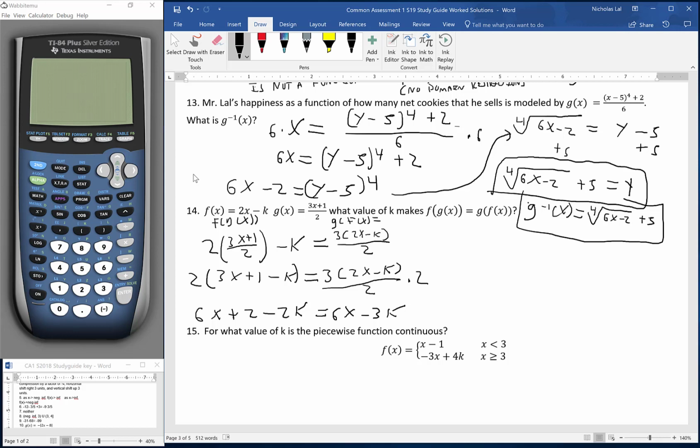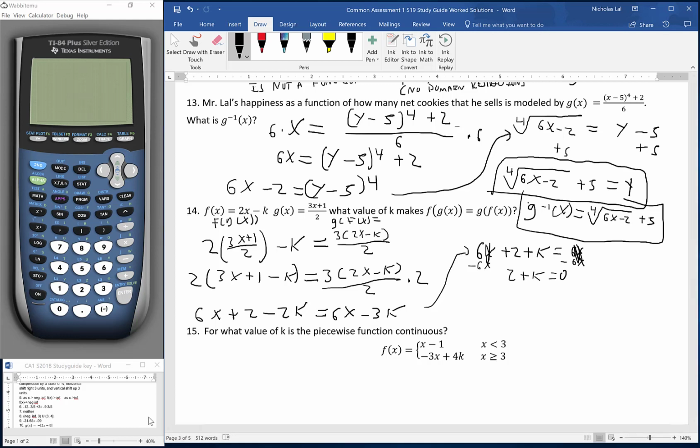So I will get 6x plus 2 plus k, because negative 2k plus 3k is 1k, and that is equal to 6x. And I subtract 6x from each side. The 6x's cancel out, and so I have 2 plus k is equal to 0.